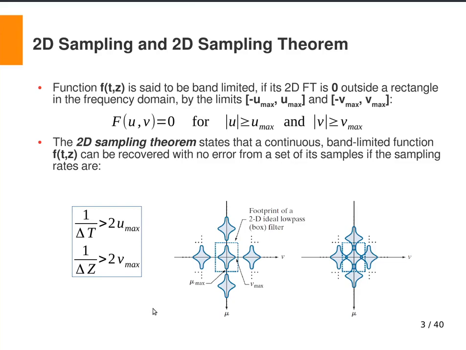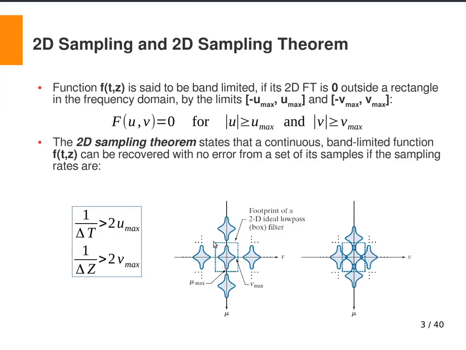Graphically, if we have this as the Fourier transform of the continuous domain, when we do 2D sampling, we are basically creating infinitely many replications of this Fourier transform at the locations of the impulses in the impulse train.